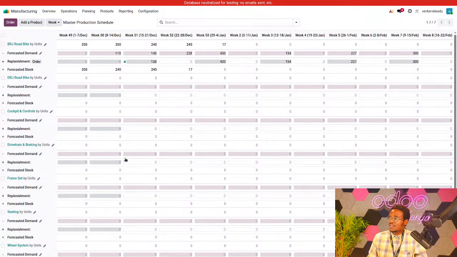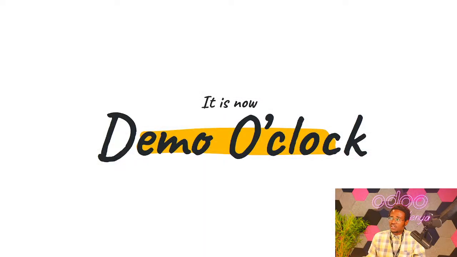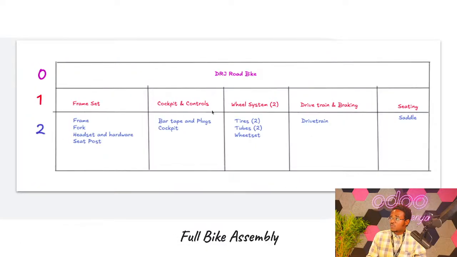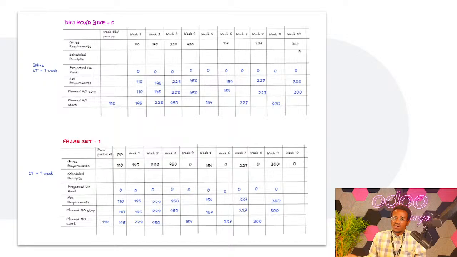And just like that, you see that I not only have one product, but all the sub-assemblies included, because for me to make this bicycle, I'll need to have all the sub-assemblies ready. And just so that we are doing the same thing, for the bicycles that I have to deliver, I will work with these quantities, and then you'll see how it fills the rest of the MPSs.